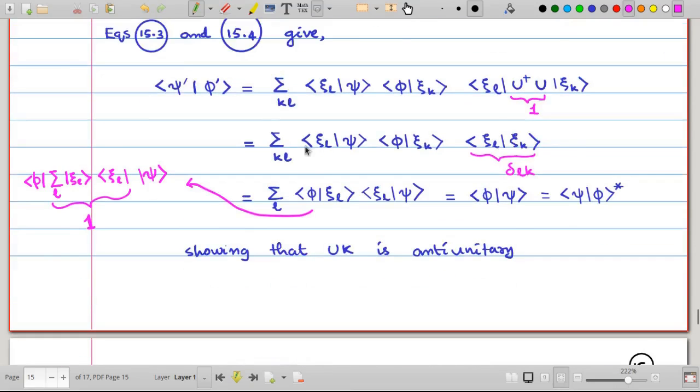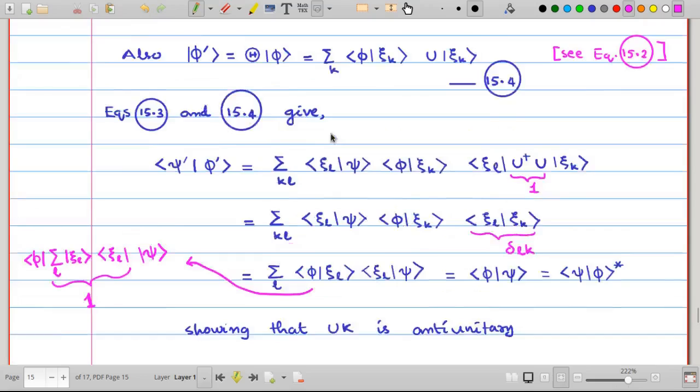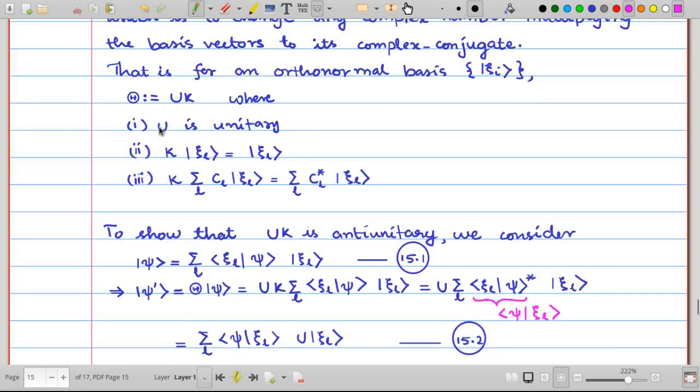So this shows that an anti-unitary operator can be represented as a product of a unitary operator and a complex conjugation operator k, given an orthonormal basis.